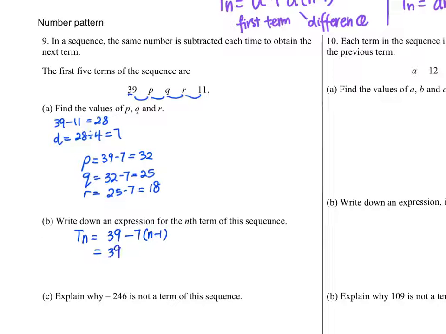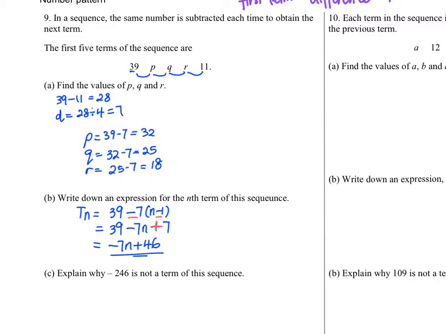So 39 minus 7n, and negative times negative will give you positive 7, so 39 plus 7 gives me 46. Negative 7n plus 46 is my nth term, or some of you can use the other formula to find the answer.